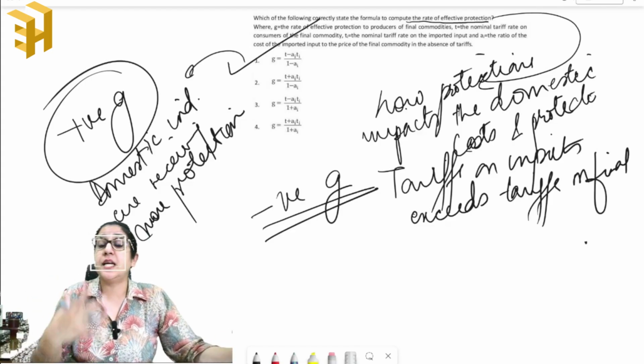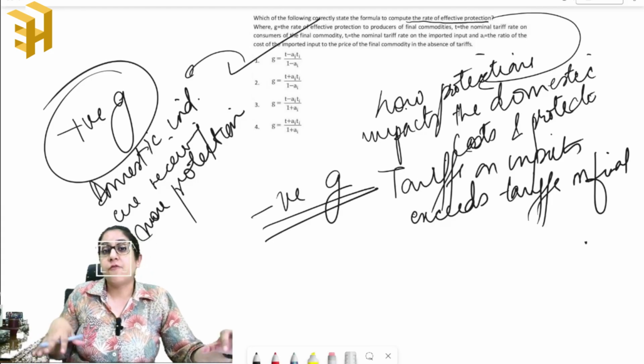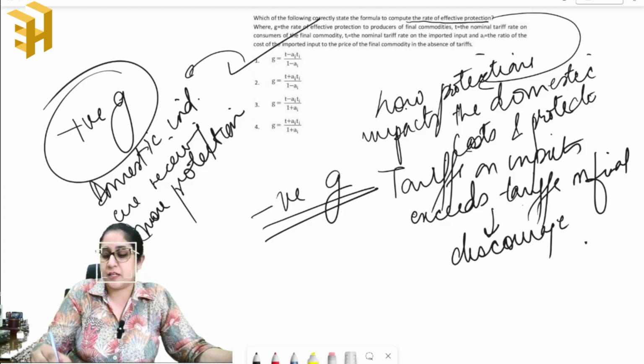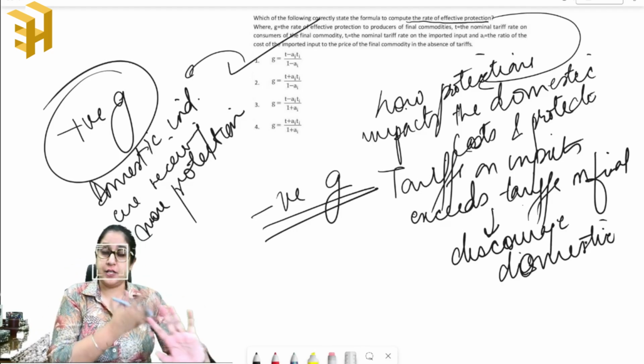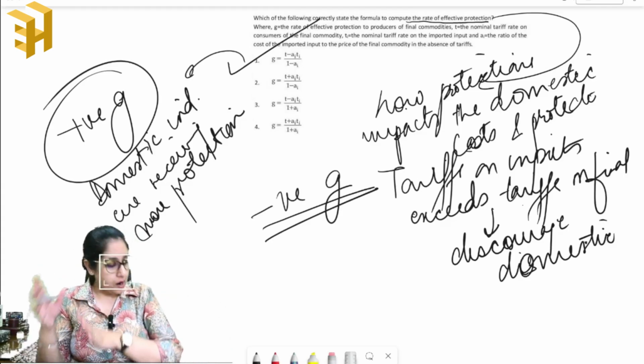If they are paying higher tariffs on the inputs that are crucial for domestic production, then this will discourage your domestic industries from producing more. Okay. So a positive G is beneficial for domestic industries, a negative G is harmful.